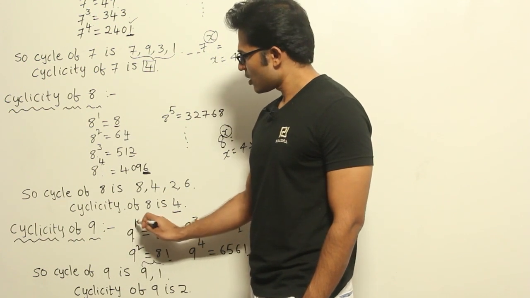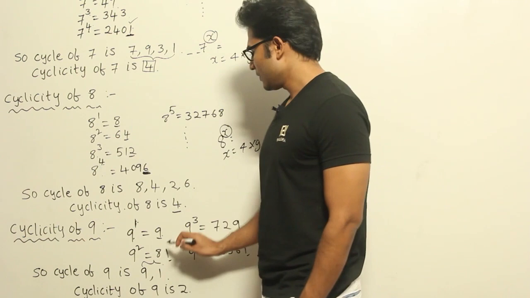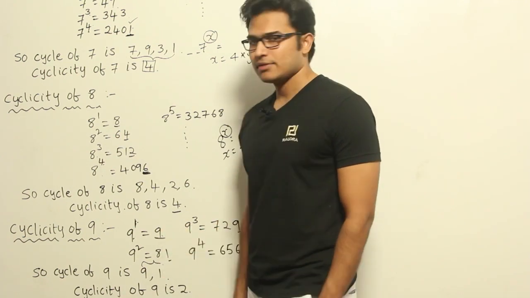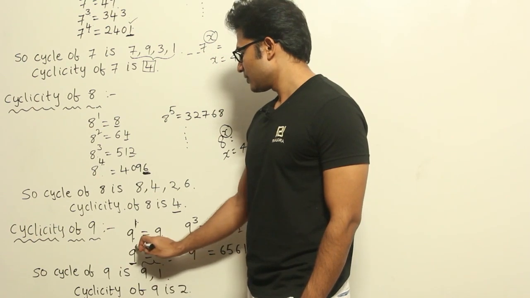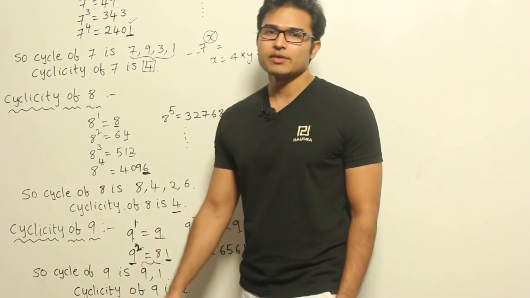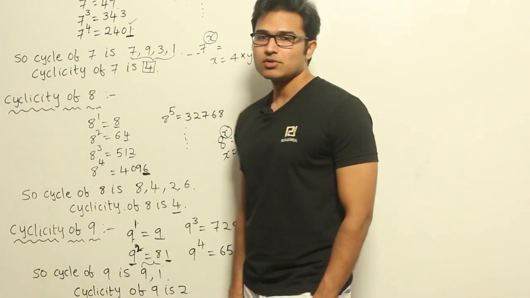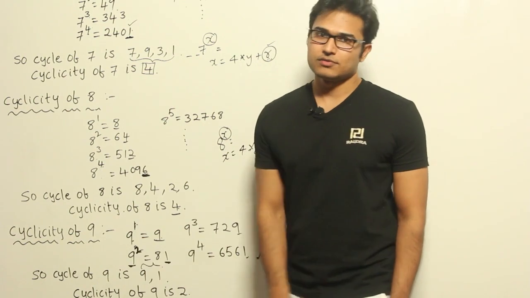If 9 is raised to any odd power, then the units place is always 9. If 9 is raised to any even power, the units place is always 1. So whenever you get this, you should remember it. Any number with cyclicity 2, even and odd is enough.